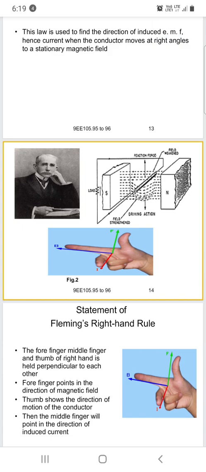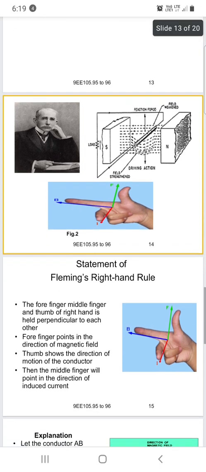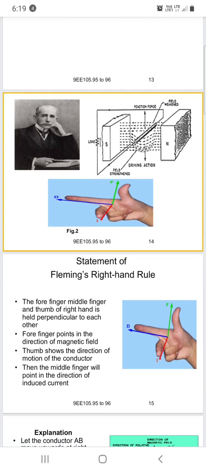Here we have to put the right hand with the thumb, forefinger and middle finger perpendicular to each other.